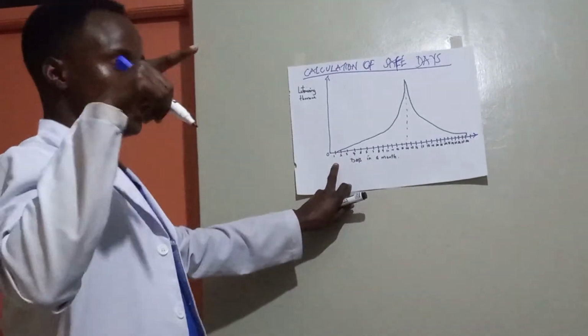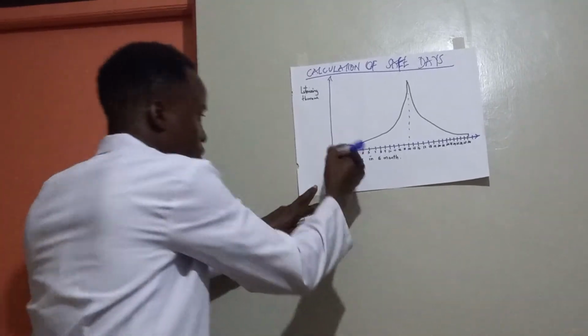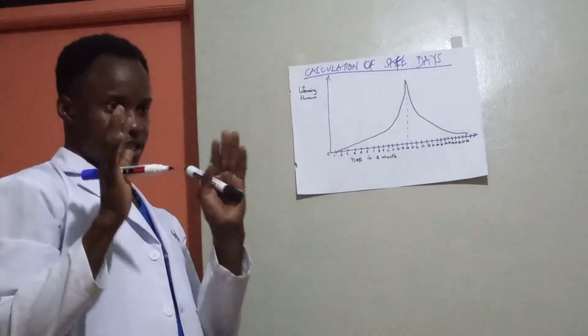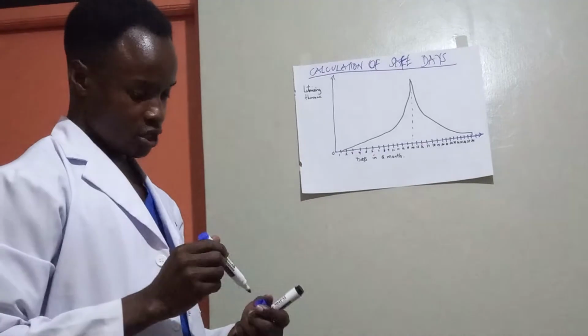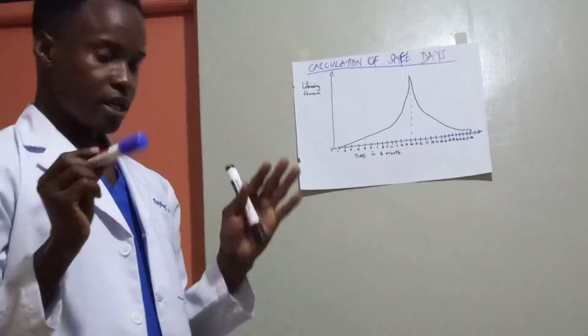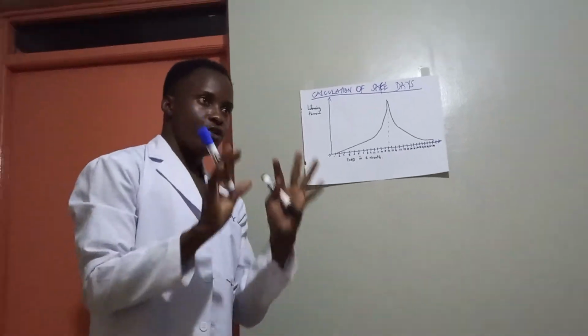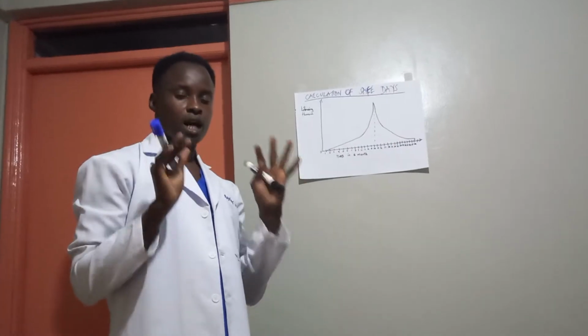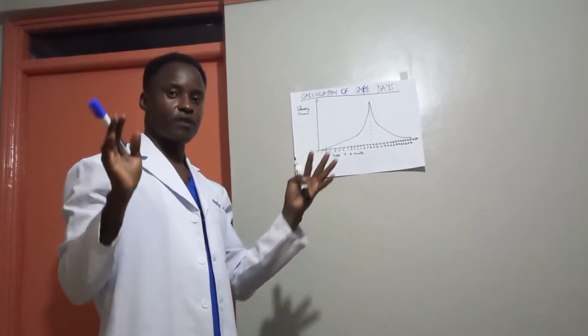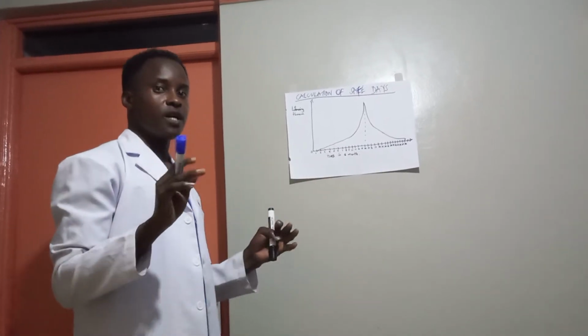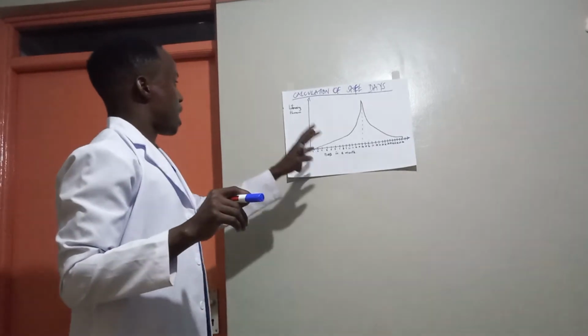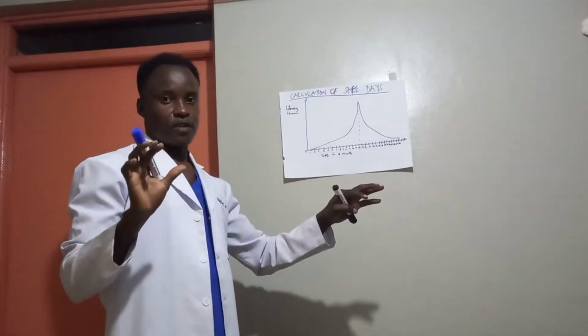But assuming this lady has unprotected sex on day 1, there is something I want us to understand. You will find that normally the human sperm has a lifespan of 5 days, right? So this woman undergoes a span of 5 days.